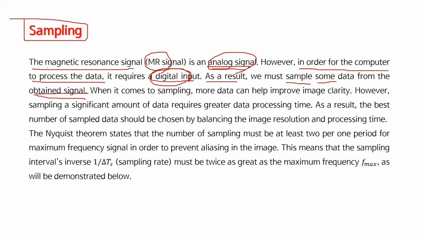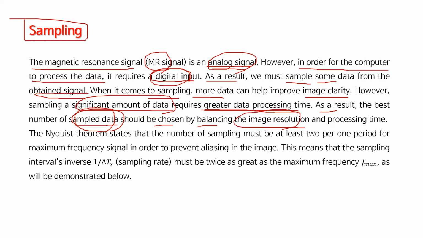When it comes to sampling, more data can help improve image clarity. However, sampling a significant amount of data requires great data processing time. As a result, the best number of sampled data should be chosen by balancing the image resolution and processing time.